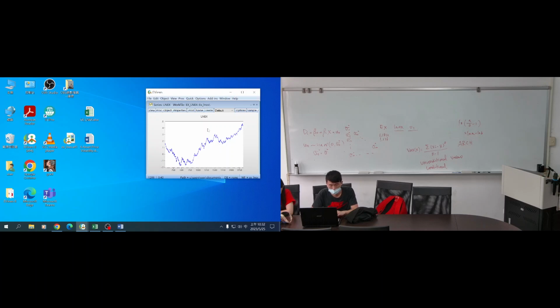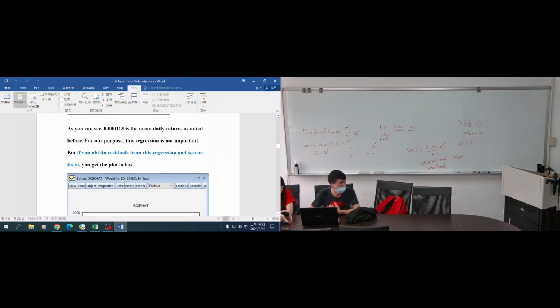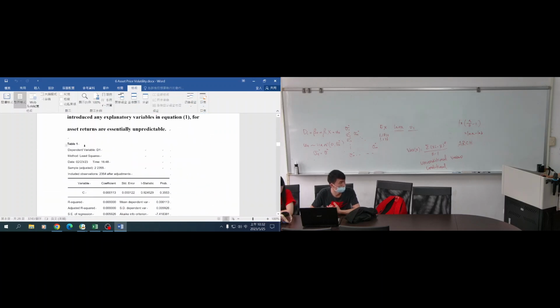This is a chart of L and EX. And if we take a look at, let me see, what is this one? Okay, this is actually after I run the regression using just a constant.